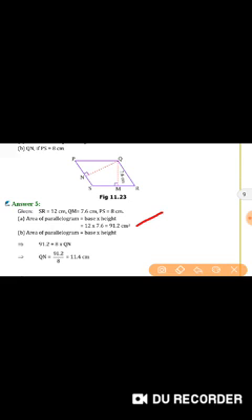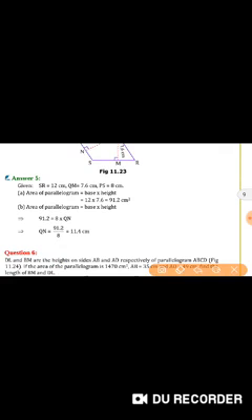See here, whatever may be the height, whatever may be the base, the area is always the same. If you take this base and height and find the area, or if you take that base and height, it is also the same, because it is the same parallelogram. That's why we got 91.2 as the area.